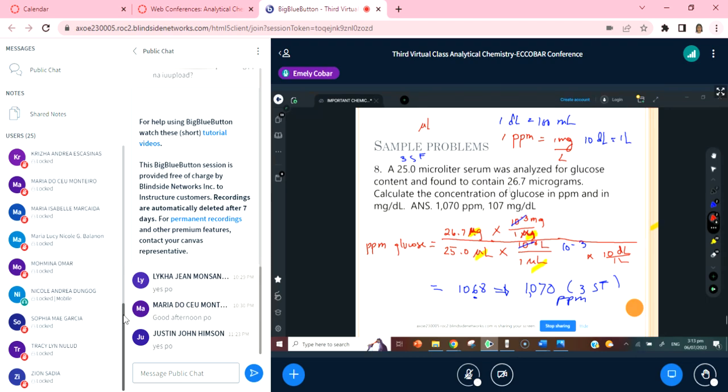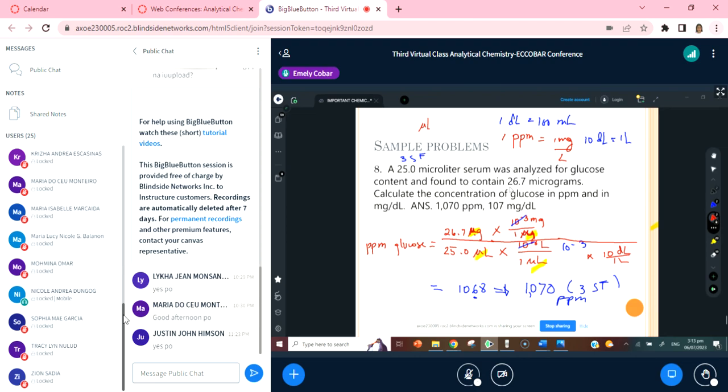Microliter is a unit of volume. Didn't we say earlier that another formula for ppm is 1 ppm is equal to 1 milligram per liter. So with this, we convert the microgram in the numerator to milligrams, and the microliter to liter.